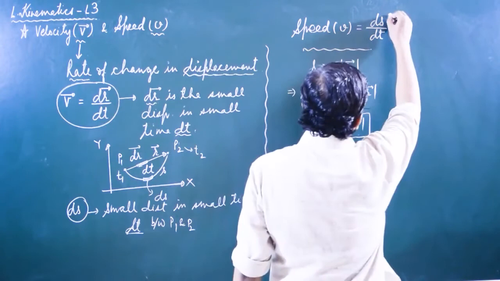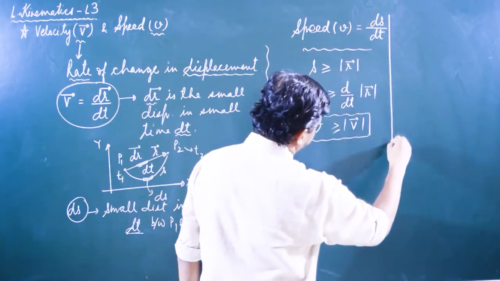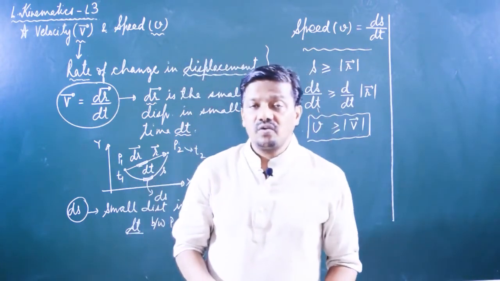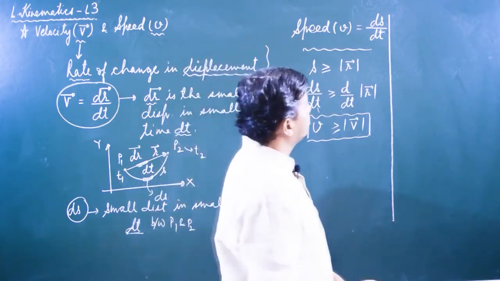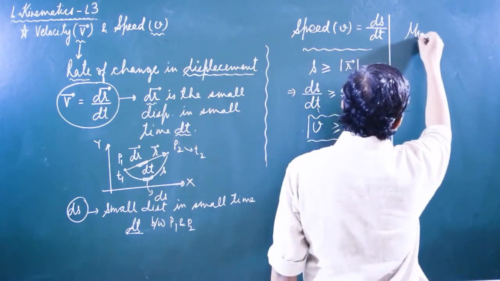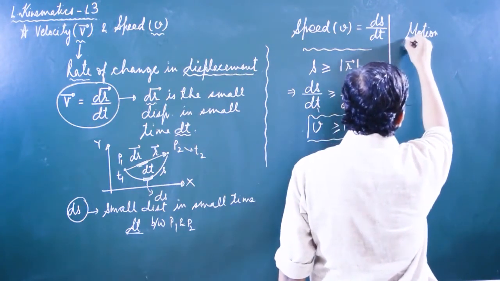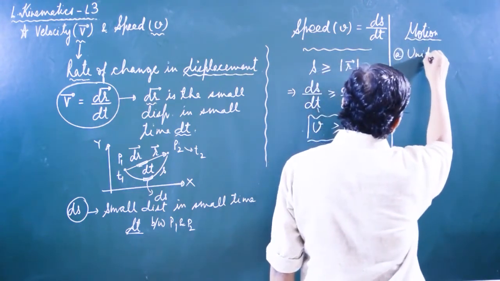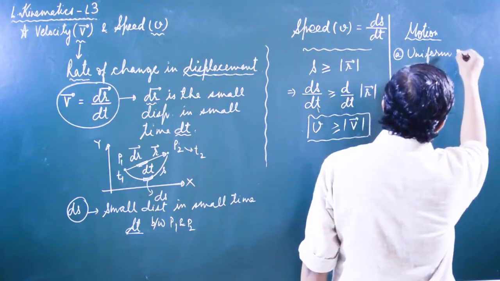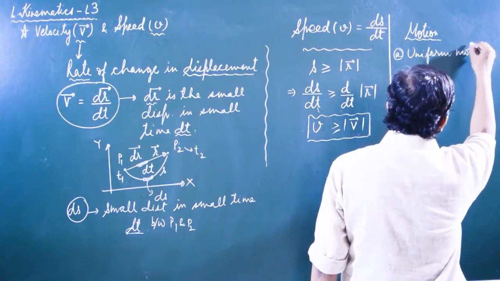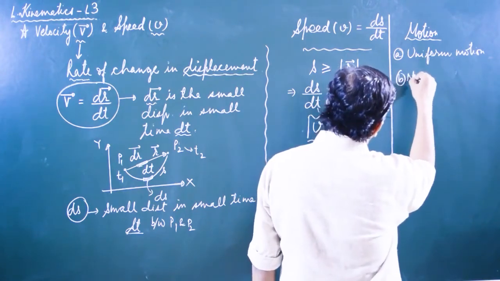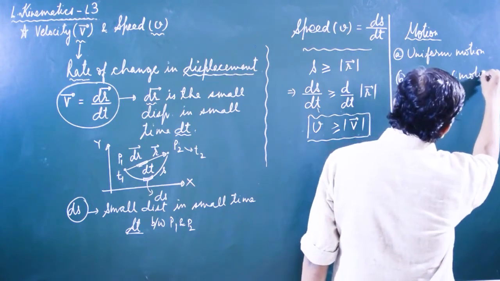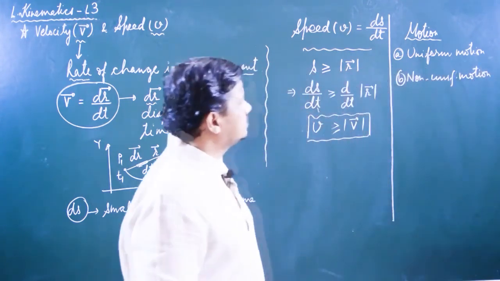Okay, now we come to one more basic part. We are doing here motion without considering the cause, force. So in case of motion, we have uniform motion and the other one is the non-uniform motion.